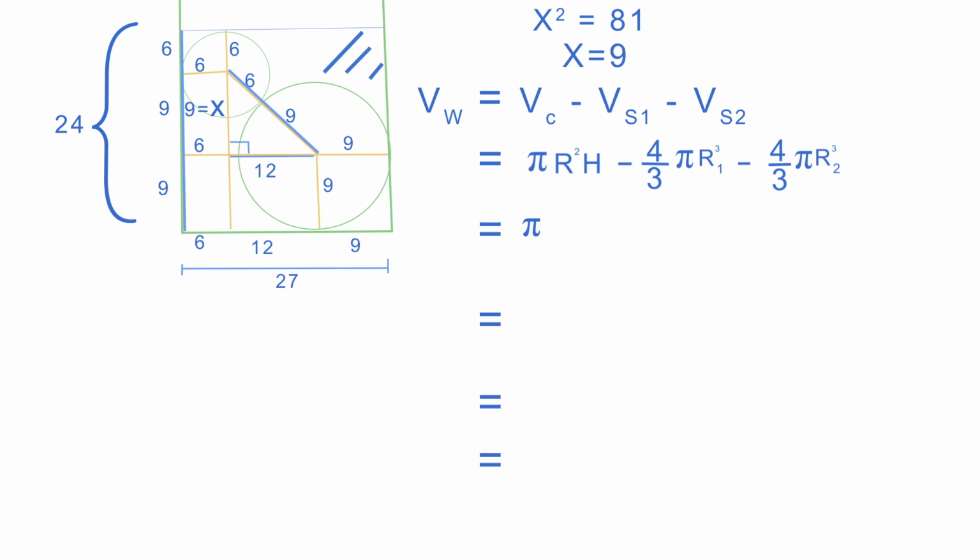So pi r squared h, what is the radius of the cylinder? Well, the diameter is 27, so the radius is half of that, 27 over 2 squared. The height, well, the height we figured out was 24. That's the height of the water in that tank.